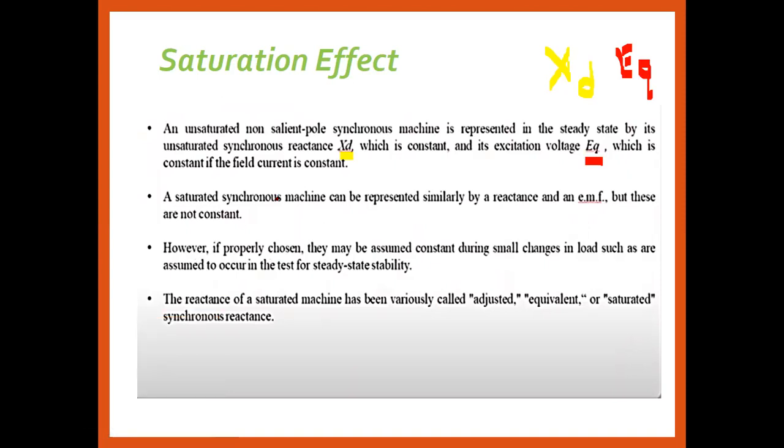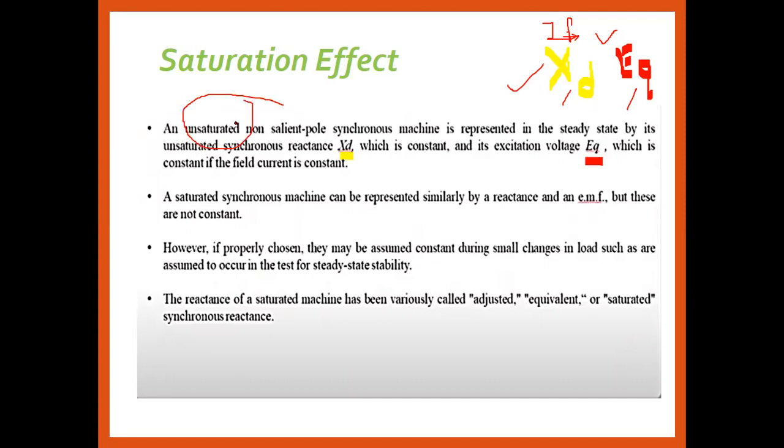The saturated synchronous machine is generally represented similarly by a reactance and an EMF, but they are not constant. In the unsaturated machine, XD stays constant and EQ stays constant, that is, the excitation voltage is constant if the field current IF is constant, for the unsaturated non-salient pole synchronous machine.